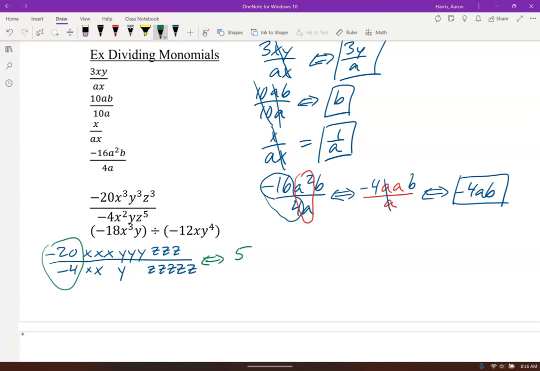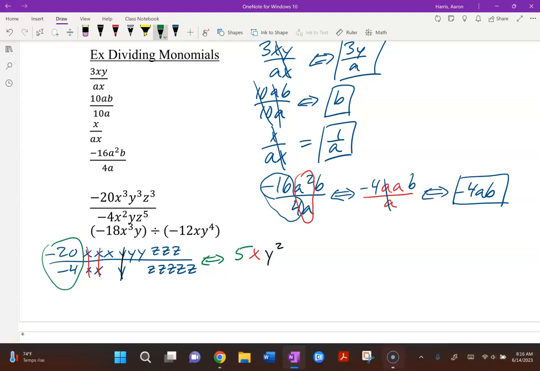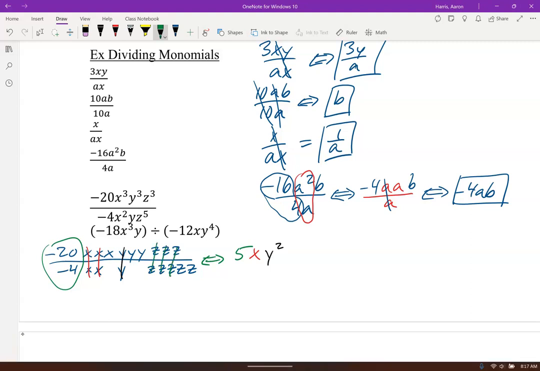That gives us a positive 5. Then I have 3 x's on the top, 2 on the bottom. So I'm left with 1x on the top. And then 3 y's on the top, 1 on the bottom. So I'm left with y squared. And then finally here we have 3 z's on the top, 5 on the bottom. So that leaves me with z squared on the bottom.